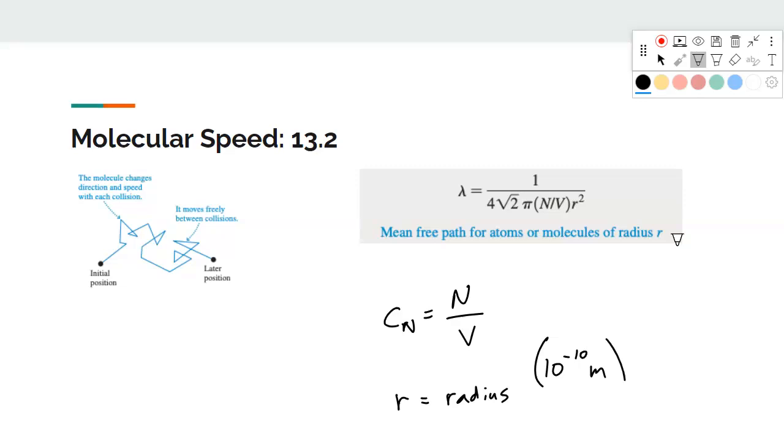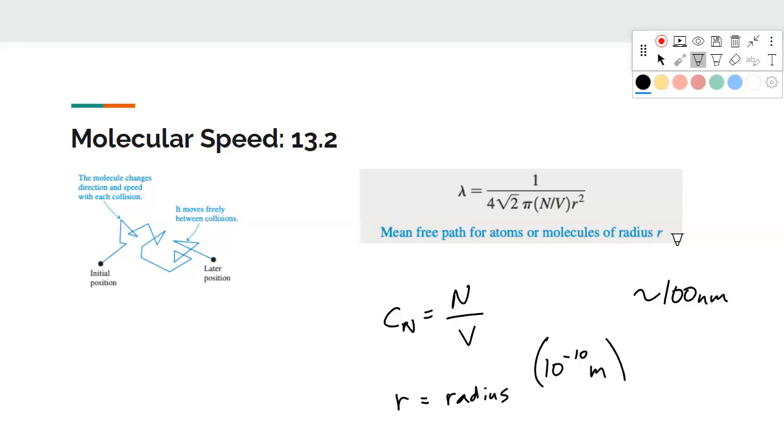And it turns out that these mean free paths are incredibly, incredibly small. For a typical gas at room temperature, it's maybe 100 nanometers before they bounce into another gas molecule. And the gas molecules themselves have a radius of only about 1/10 of a nanometer.